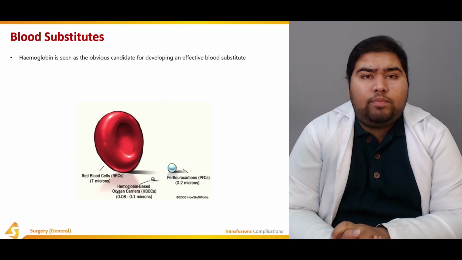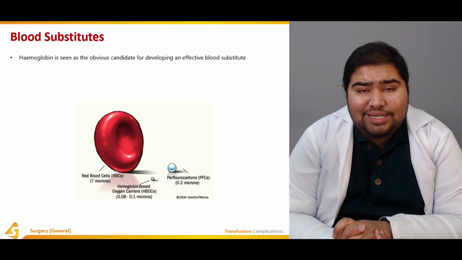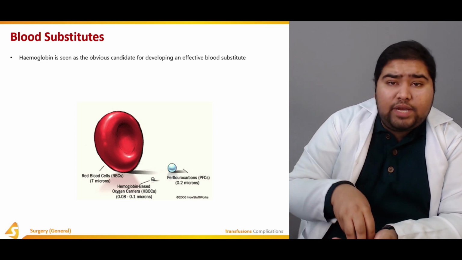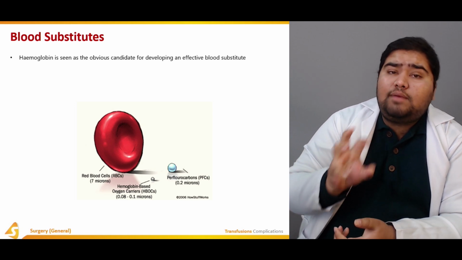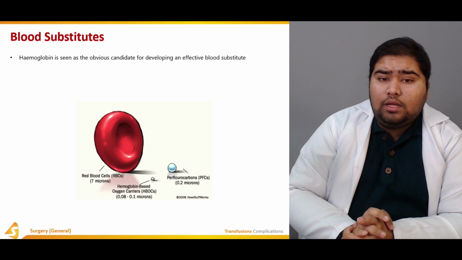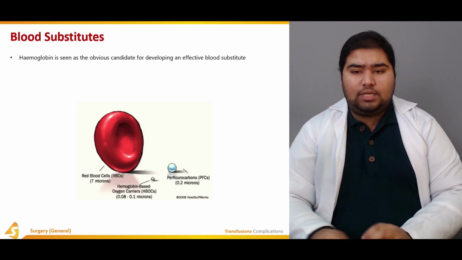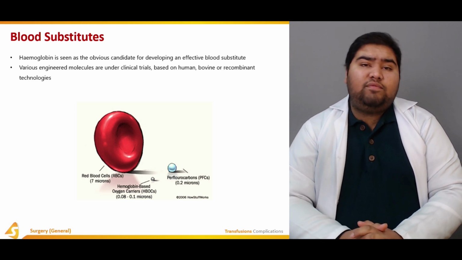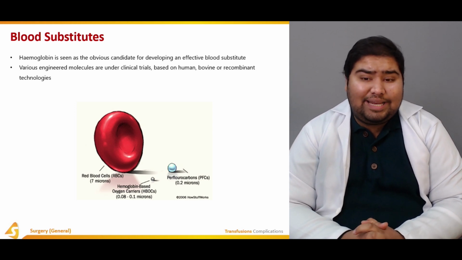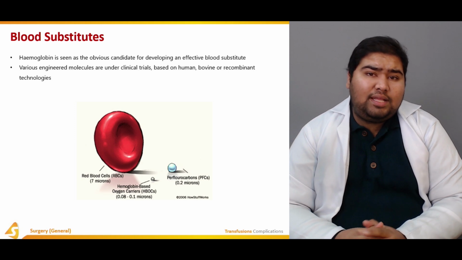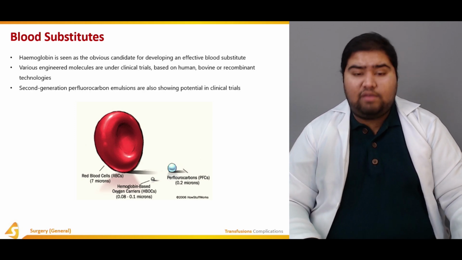Now, hemoglobin is obviously a strong candidate because hemoglobin is the component of the red blood cell that is responsible for carrying oxygen. So it is a very important runner in the blood substitute category. There are various other engineered molecules being used in clinical trials. However, they are still not recommended by the FDA.